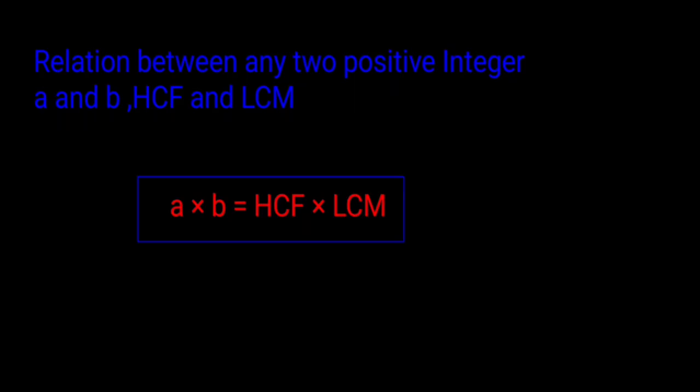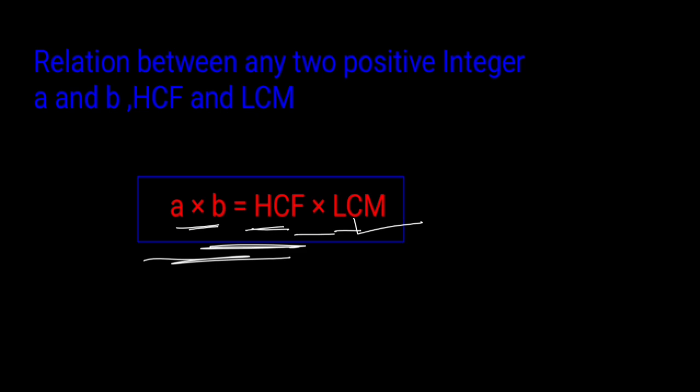The relation between any two positive integers a and b, and their HCF and LCM. This is the relation between any two positive integers and HCF and LCM. If they give any two numbers and one of HCF or LCM, if they give HCF, we can easily find LCM using this formula.